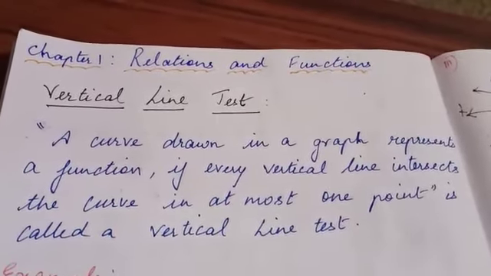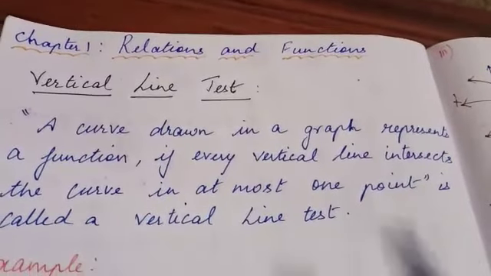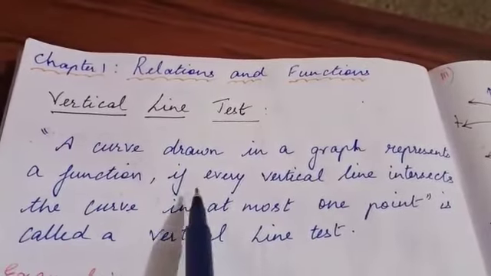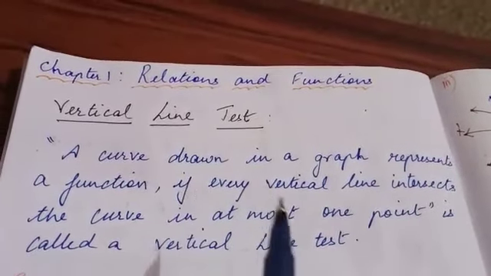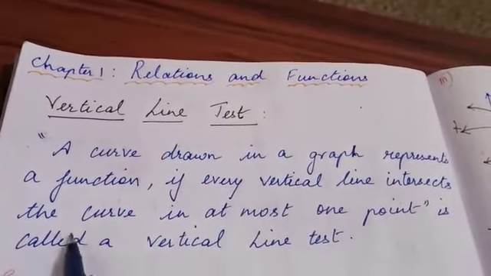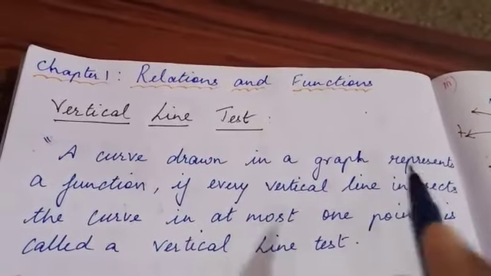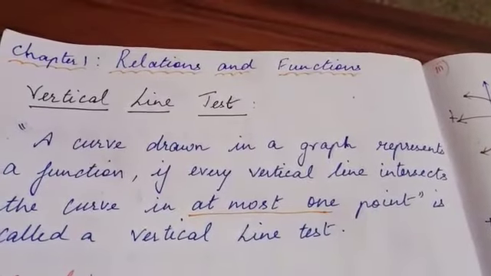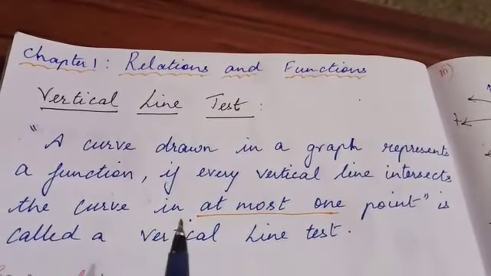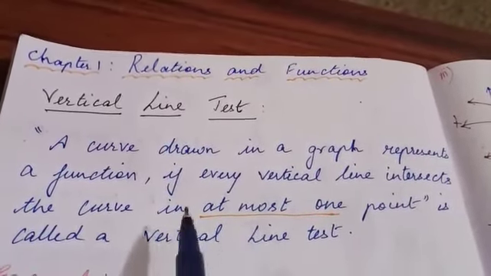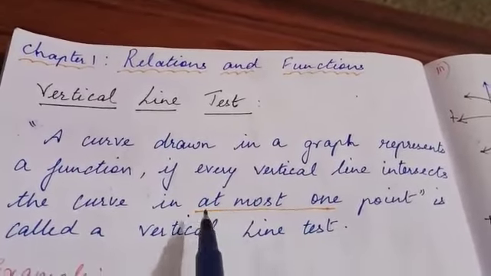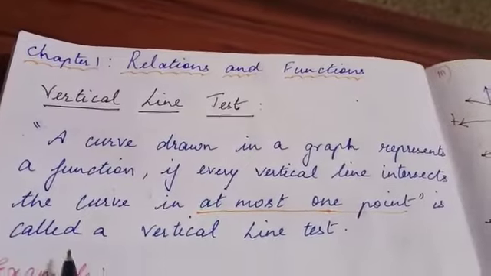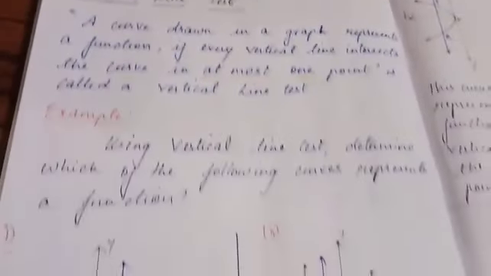Any curve that is drawn inside a graph is said to be a function if every vertical line intersects the curve in at most one point.